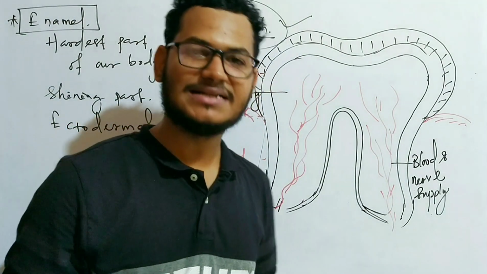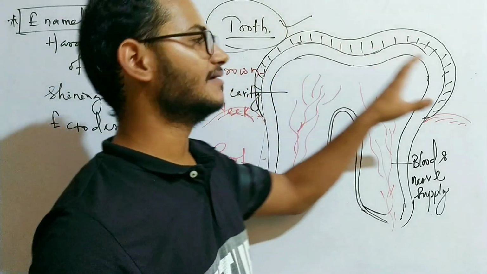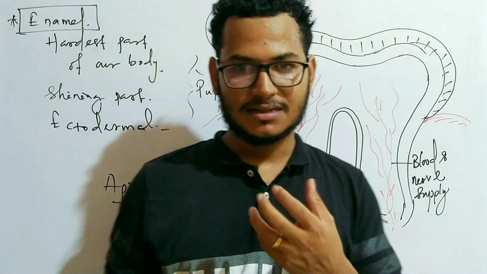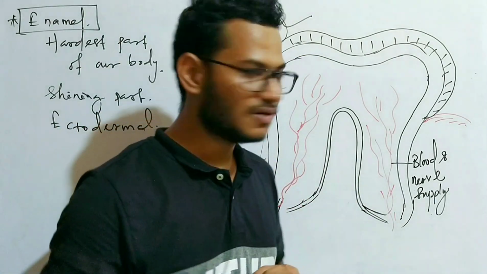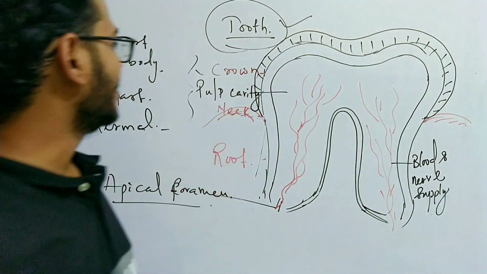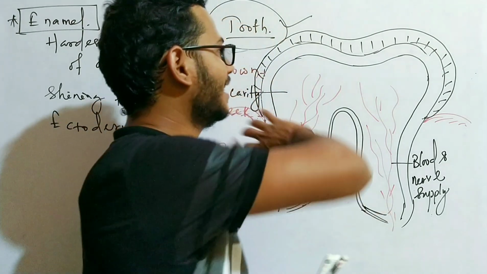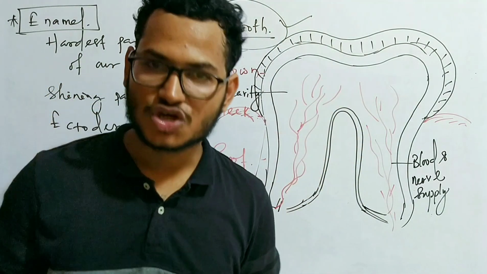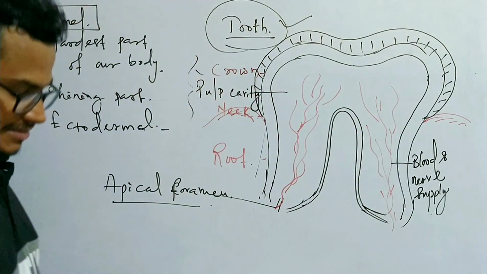It is a white hard calcareous covering on our tooth that protects it from decaying. So to avoid wear and tear of the tooth, the enamel, which is the strongest and hardest part of our body, is present on the crown region.